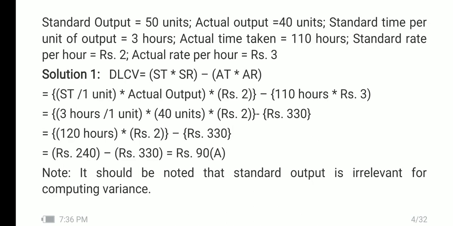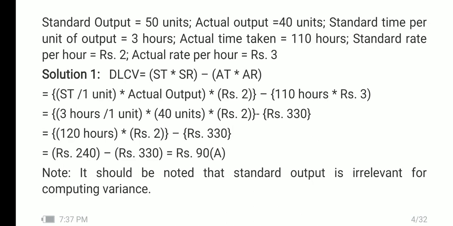It is given in the problem that for 1 unit standard time is specified. That is, standard time per unit of output means for 1 unit of output 3 hours are fixed as standard time. So, ST by 1 unit means for 1 unit, what is ST? 3 hours into actual output will give us standard time for actual output into SR. SR, standard rate, wage rate.